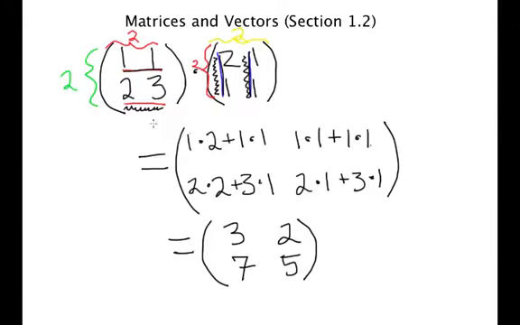Now, I know that's a lot of 2's, but the significance of this is that these dot products that I did all involved a row, which has 2 entries in it, and a column, which has 2 entries in it. And those 2 numbers have to be the same. On the other hand, the green 2 and the yellow 2 aren't as important in that regard. And that gives us an idea about how to do this in general.